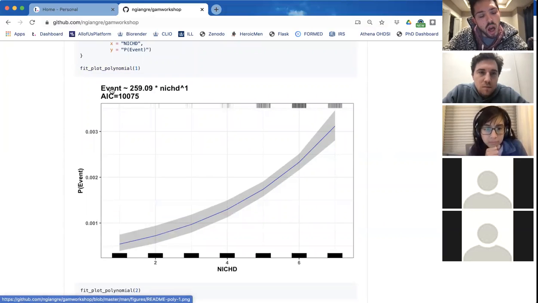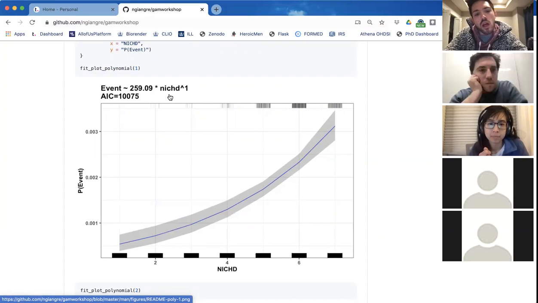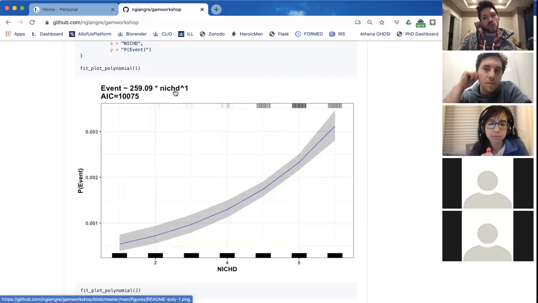You have the event y, and then the beta coefficient, and then you have the stage as an integer, like 1 for neonatal, 2 for infancy, and so on.